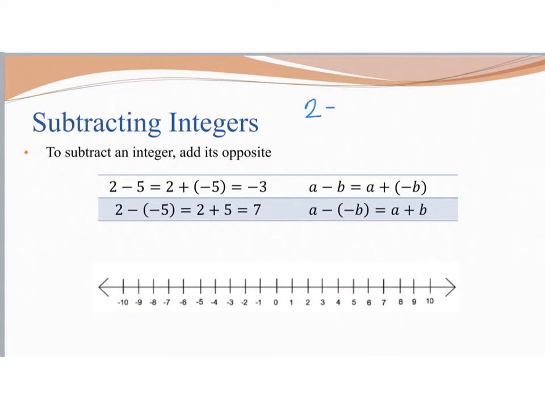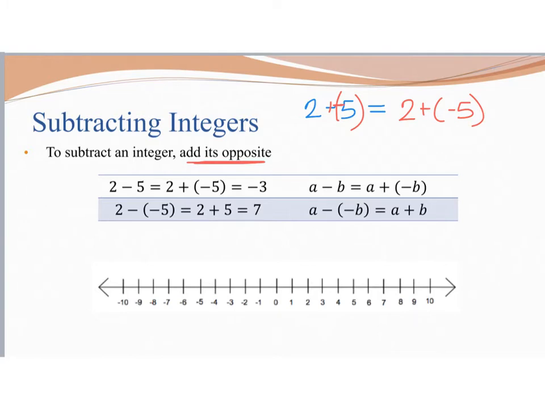So if I have 2 minus 5, ultimately what I can do is I can come in here, change my subtraction to an addition, and then we can add the negative number to the 5 so that we end up with 2 plus a -5, because subtracting is the same as adding the opposite.